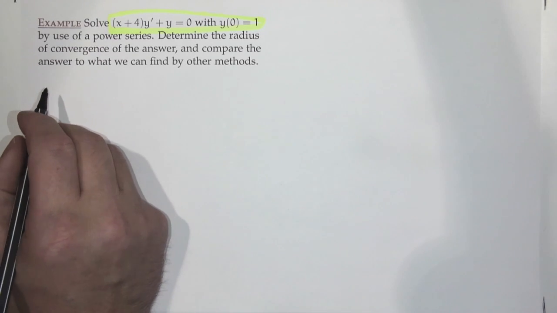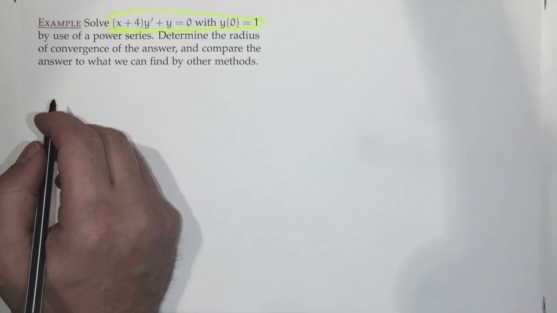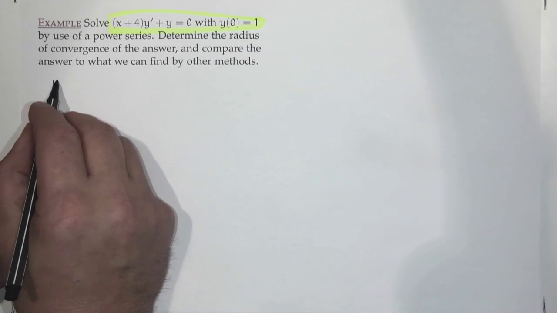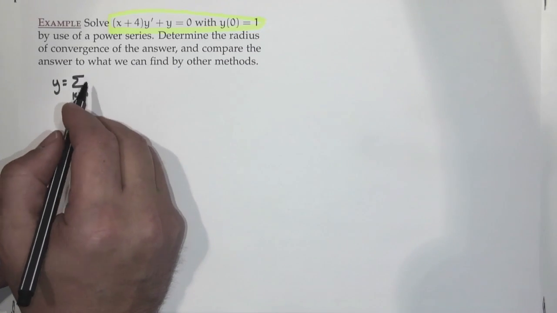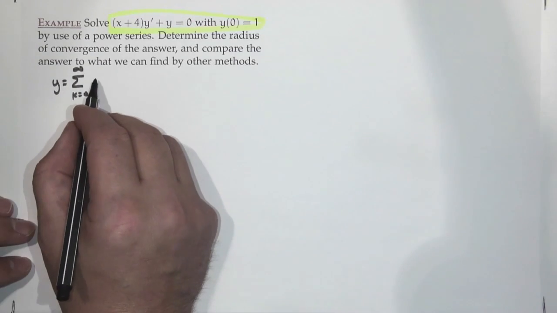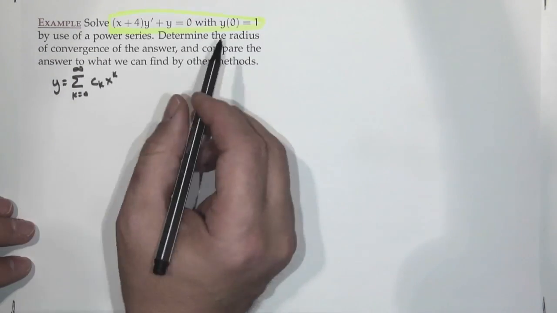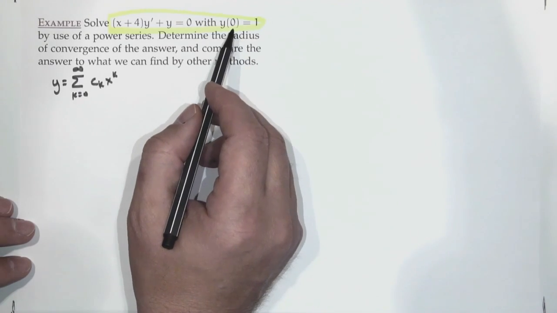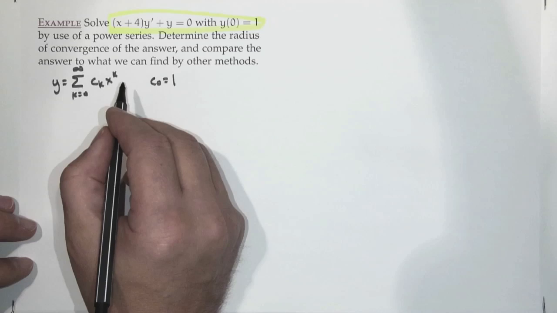So how do we start by solving something by a power series? Yeah, we say, look, if it's a power series, y is the sum from 0 to infinity of c sub k x to the k. This y of 0 equals 1, how does that translate for us? c0 equals 1.